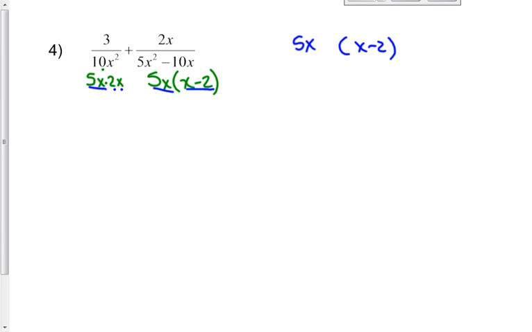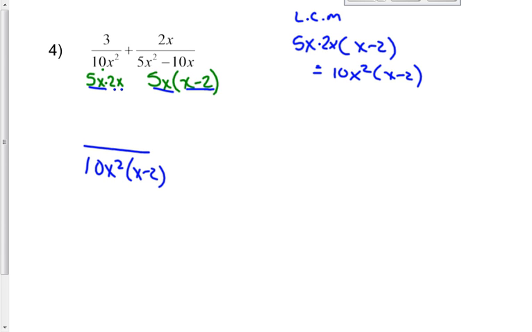That would be the 2x piece. So my entire least common multiple, also known as common denominator, will be 10x squared times x minus 2. Let's rewrite our fraction: something over 10x squared, x minus 2, plus something over 10x squared, x minus 2.